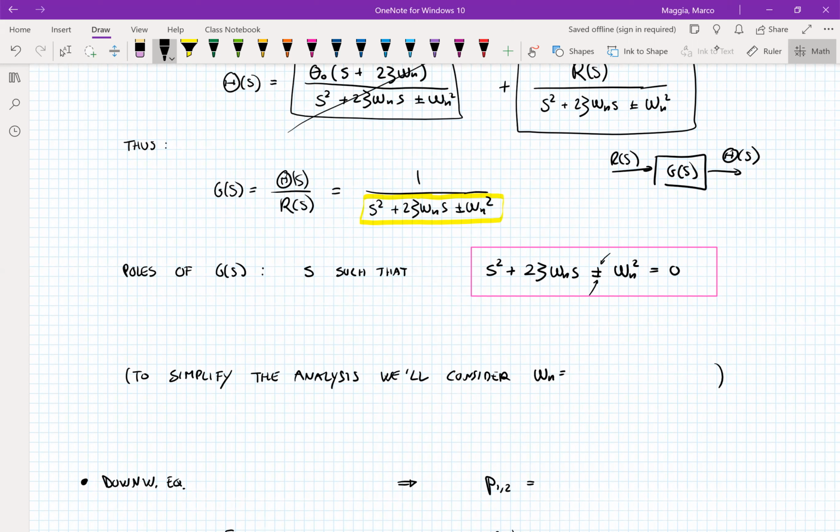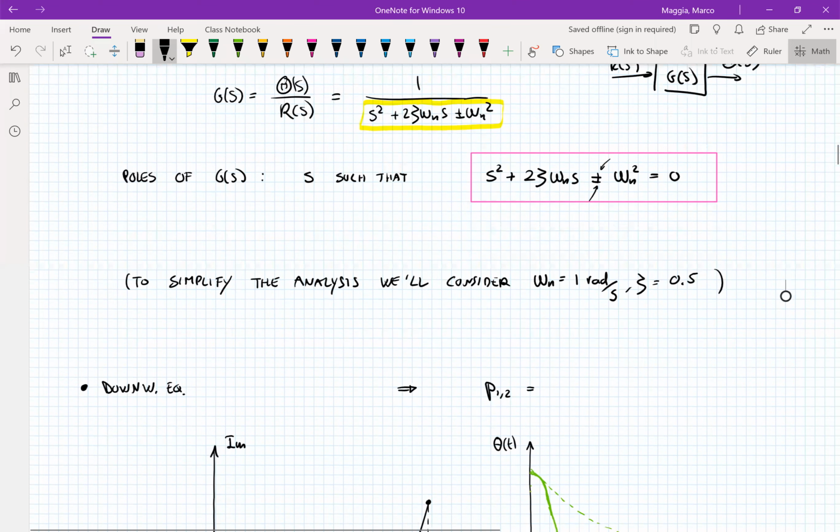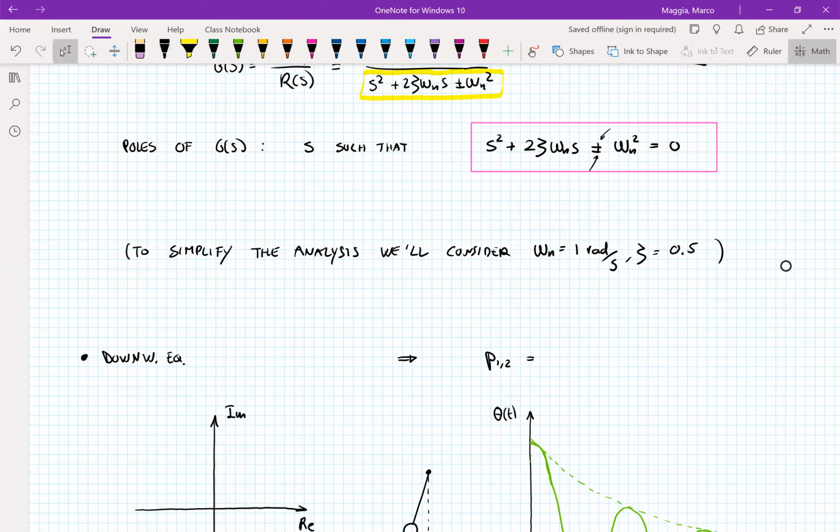So we'll consider just a natural frequency of 1 radian per second and a damping coefficient of 0.5. So if we consider the downward equilibrium, that is, we have the plus for the last term of the characteristic equation, then the characteristic equation itself is s squared plus s plus 1 equals 0.